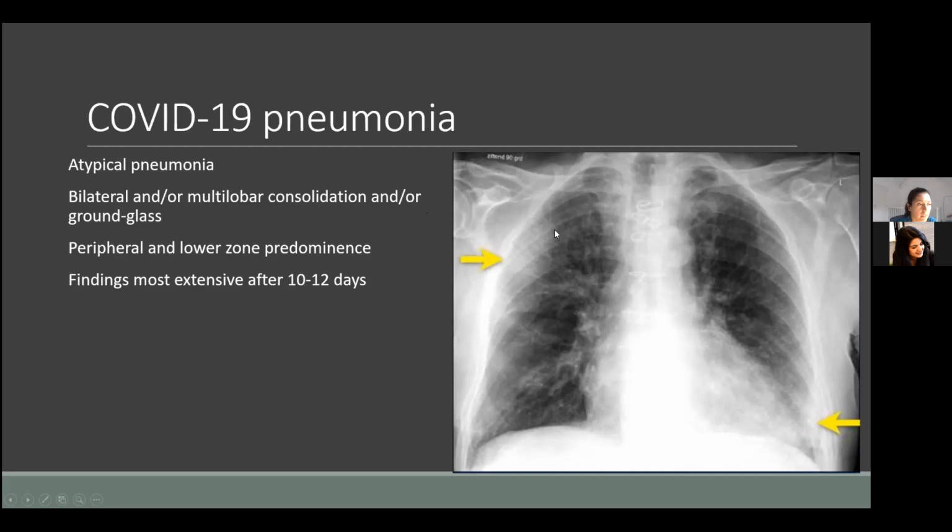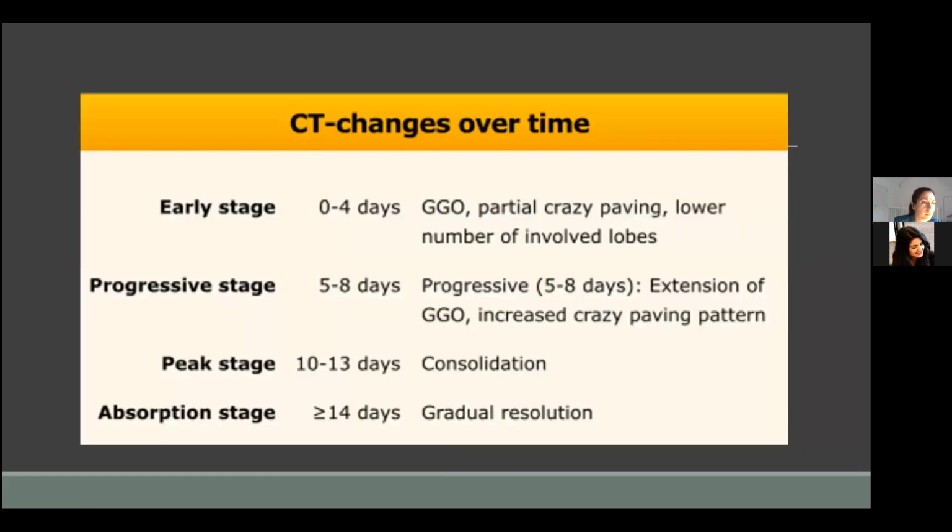The opacifications are located mainly in the periphery of the lungs, and there is a predominance for the lower zones of the lungs. The most extensive findings are after 10 to 12 days. So that's also the timing when we will see the most extensive signs and abnormalities on the chest X-ray.